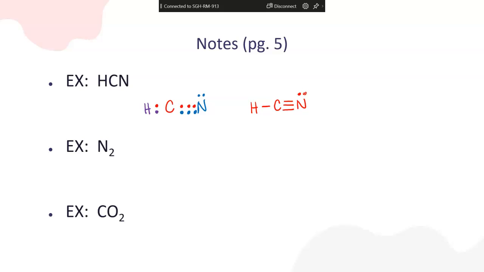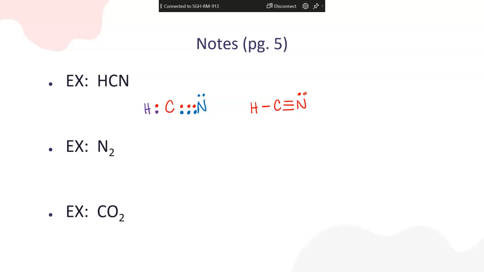Can you guess which ones I like the most? The structural formulas, because it's very clean and I can see all those bonds. You need to practice both first, and then after lesson 6 you get to pick pretty much, unless I explicitly ask for one or the other, and that'll be on assessments.